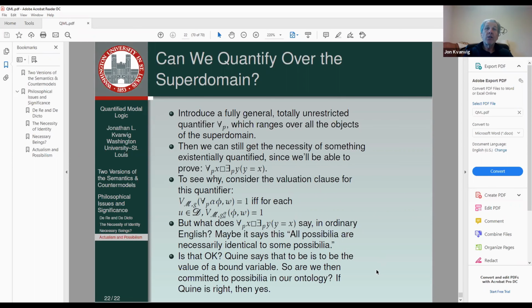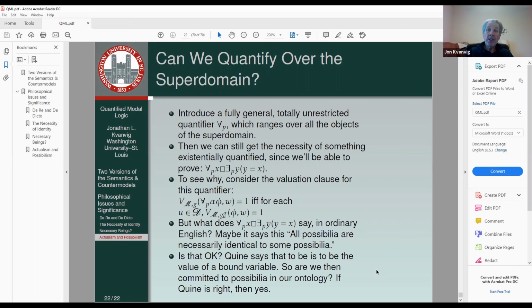Now, Quine, of course, when he talked about variables, was thinking about the variables of standard first-order theory. He wasn't imagining this newly introduced, fully general, totally unrestricted quantifier over a superdomain.